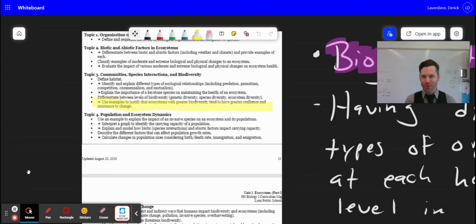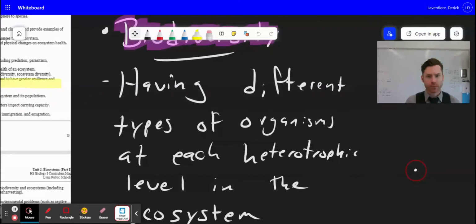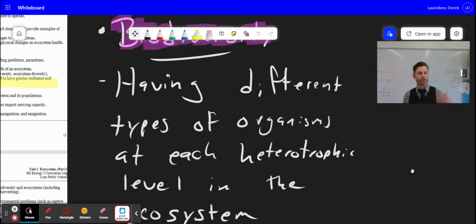Next bullet point, use examples to justify that ecosystems with greater biodiversity tend to have greater resilience and resistance to change. So first we must consider what biodiversity is, and that's simply having different types of organisms at each heterotrophic level in the ecosystem.